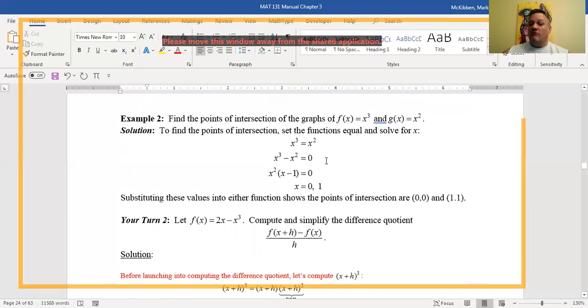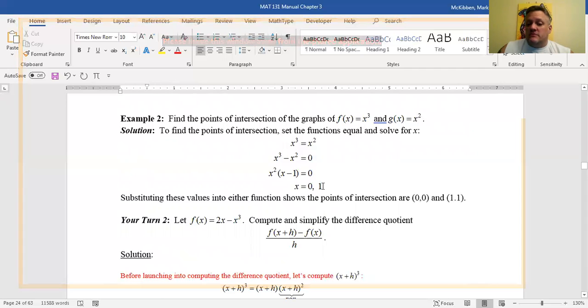The solving for x part is sometimes easier said than done, but in this case, it's not bad. You take everything to one side, you factor out the x squared, and then one of those factors has to be 0 in order for the equation to be satisfied. Either x squared is 0, which only happens if x itself is 0, or x minus 1 is 0, which means x is 1.